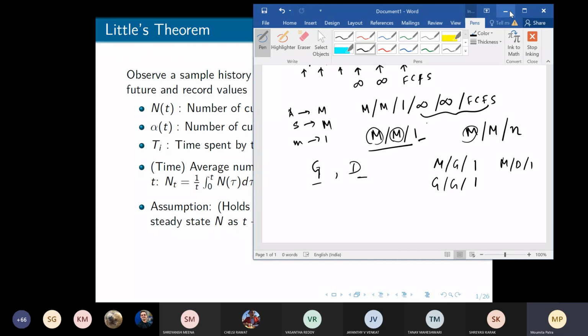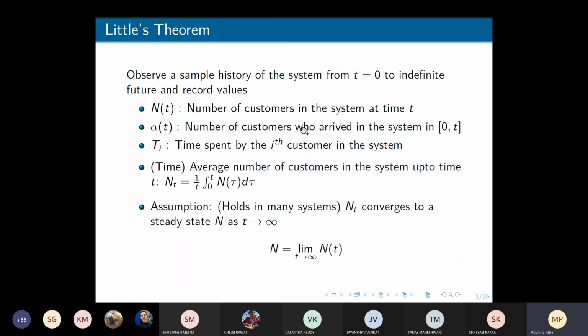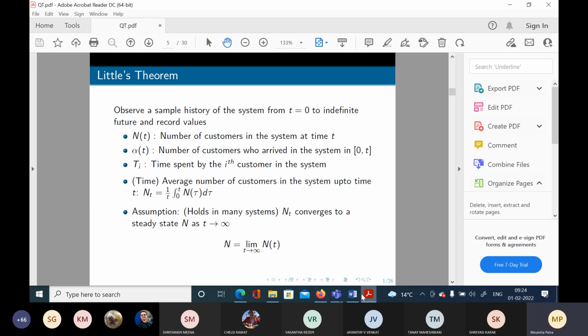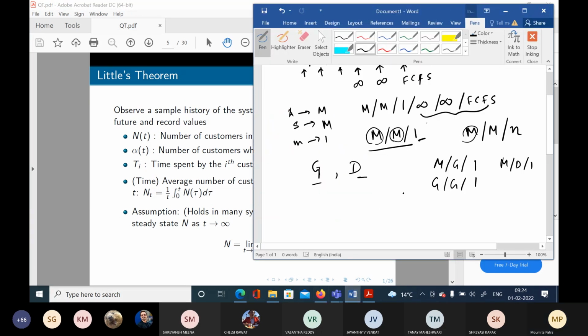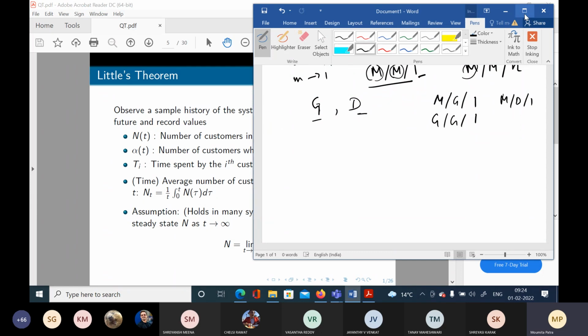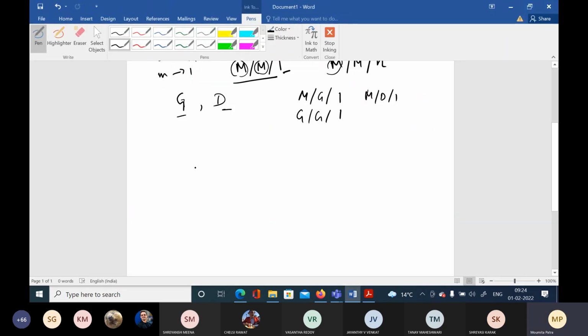Okay, so I would suggest you better note this part down. Although you will have the recordings of this lecture, if you do it on your own, it will help you further. Okay, so what was the Little's theorem? Let me just get into this again.